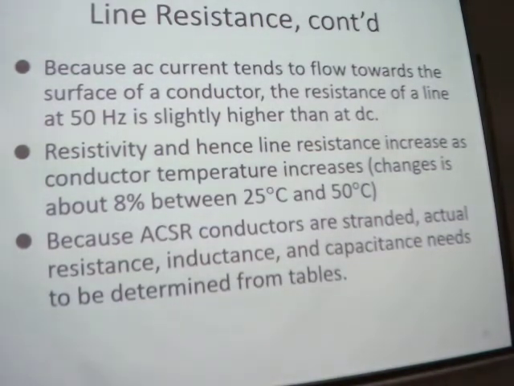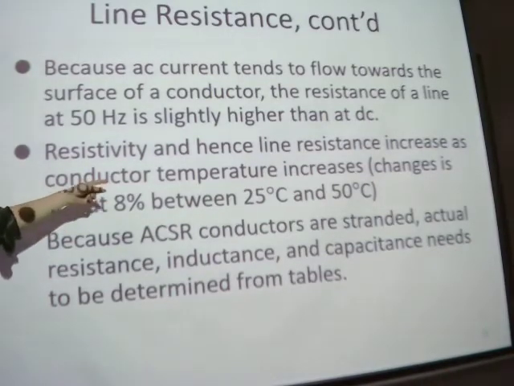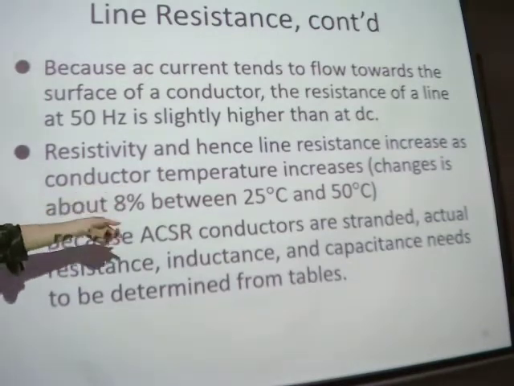The current flows towards the surface of the conductor, so the resistance is higher than for DC. So DC transmission networks actually have some advantages compared with AC. The second point is that the resistivity will also increase when the conductor temperature increases.